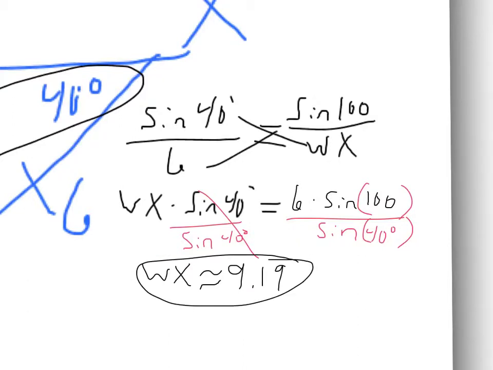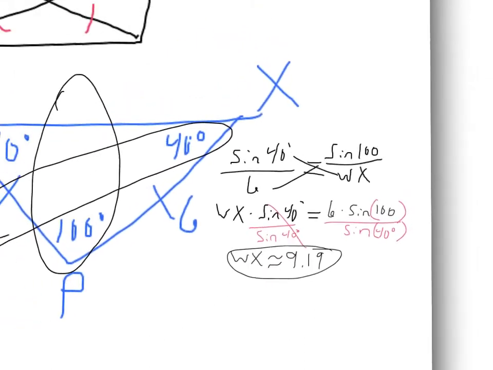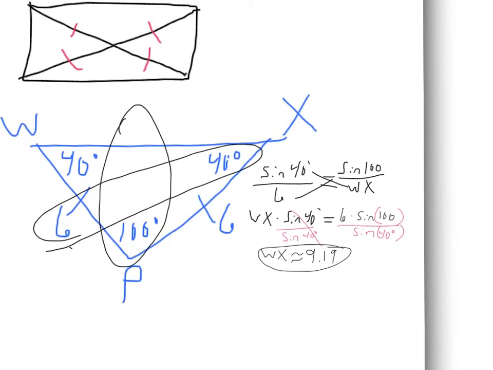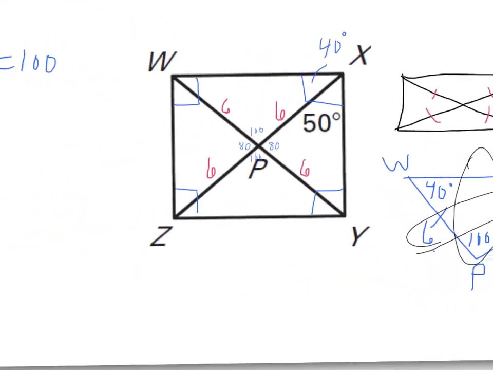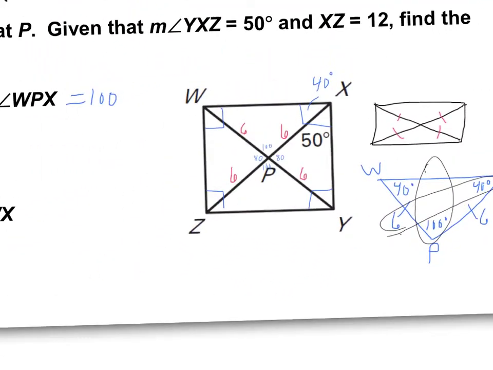So that's one way. A lot of people don't like using law of sines or law of cosines, those non-right triangle rules. And so there's another way that you could do this problem also. In order to give yourself a right triangle, what you could do is you could use this part of the rectangle. This is a right triangle because it has this right angle here.